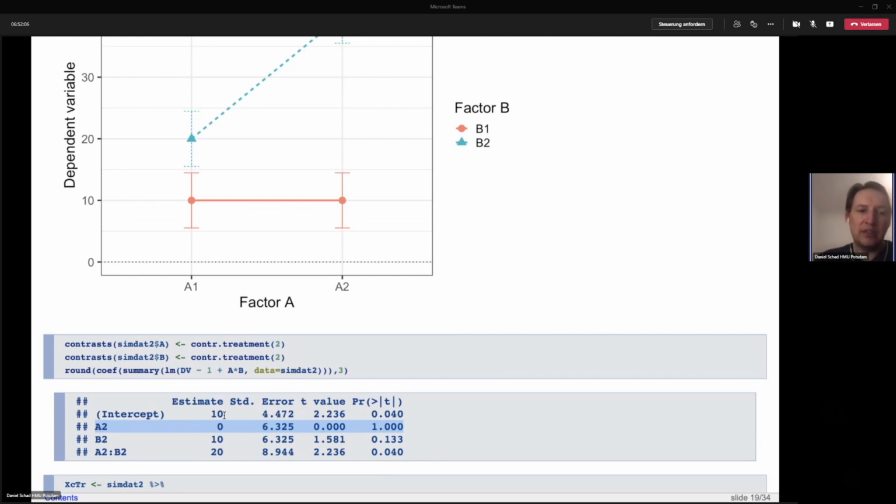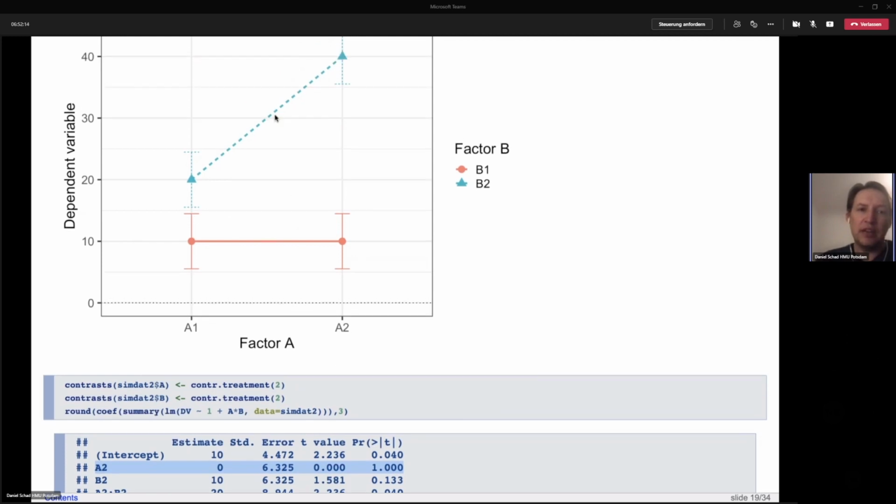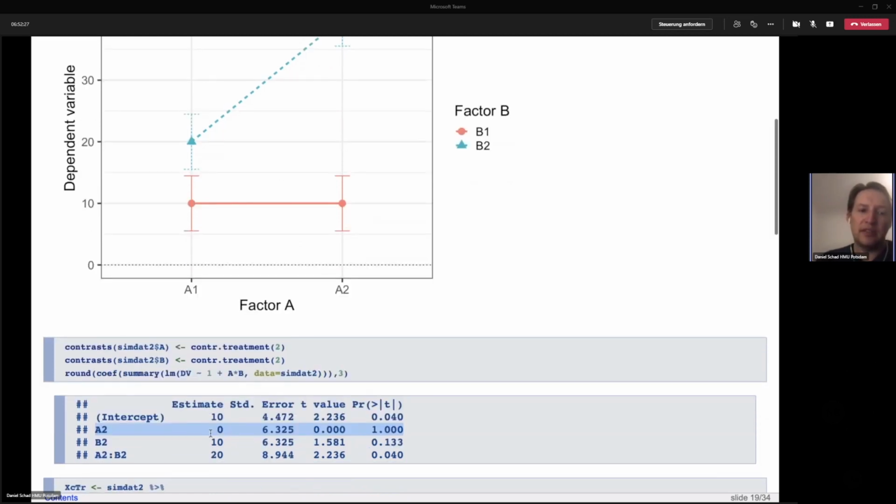So now we want to understand, we have 2 treatment contrasts. What does this effect of A test? It doesn't test the average effect of A. The average effect of A would be computed by computing the average here. That's 15, 20 and 10 is 15. The average on the right side is 25, and then the difference is 10. But this is not what this A tests. It doesn't have an estimate of 10. It has an estimate of 0.